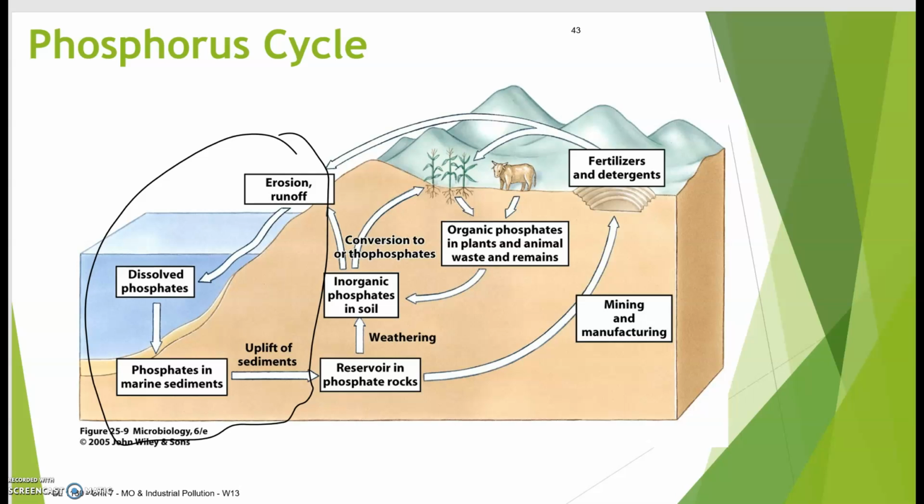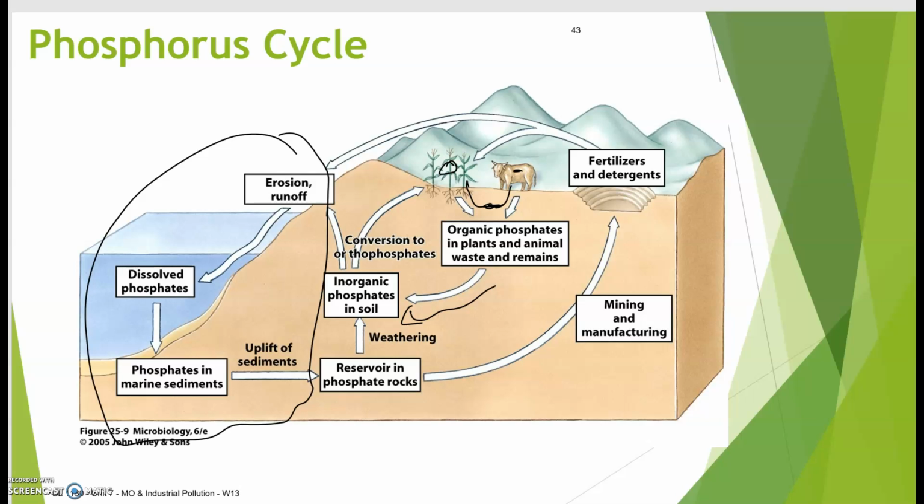What we're looking at is our organisms over here. We've got our plants, we've got our animals, and when they decompose and die, these organisms in the soil will turn this organic phosphate into inorganic phosphates, which is basically soil and rock.